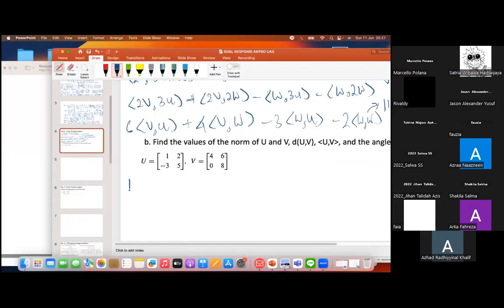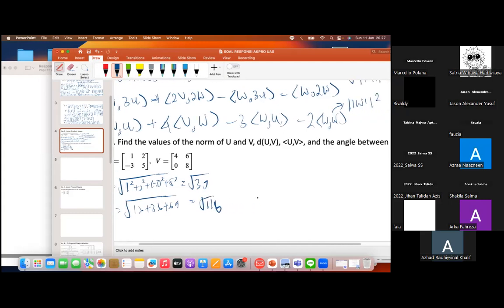So this is the square root of 1 squared plus 2 squared plus negative 3 squared plus 5 squared. This is equal to the square root of 1 plus 4 plus 9 plus 25, which is 39. So we do the same thing for v: the square root of 16 plus 36 plus 64, and this is the square root of 116.